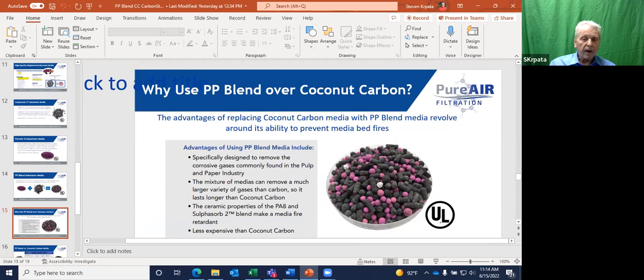To go over the advantages again, it's less expensive than carbon media, and the pricing, even under the current inflationary supply chain environment, is not as volatile as it is with the coconut carbon media. PP blend is UL listed, so it's not a fire hazard, and it does not have the same dusting issues that straight carbon media has.